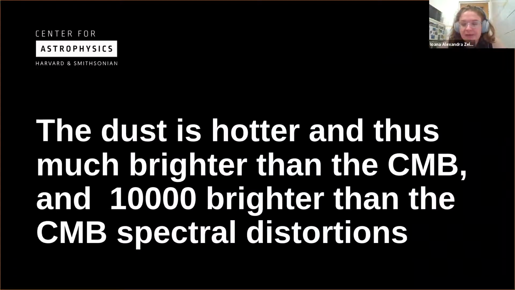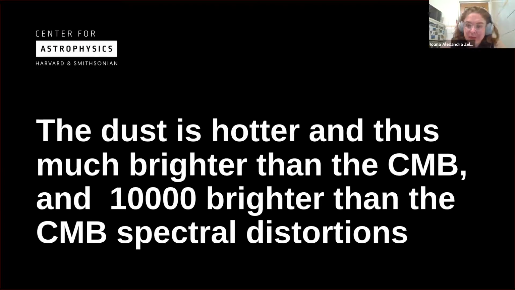Because dust is hotter and much brighter than the CMB, and the CMB itself is 10,000 times brighter than the spectral distortions that we're hoping to detect.